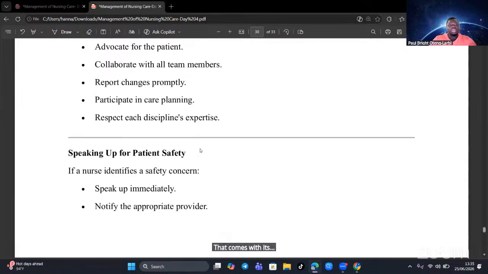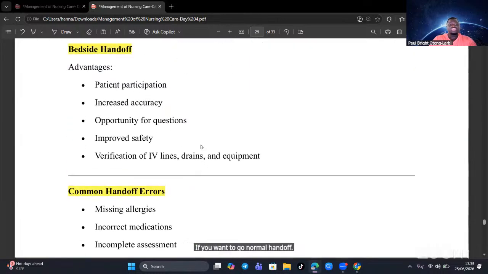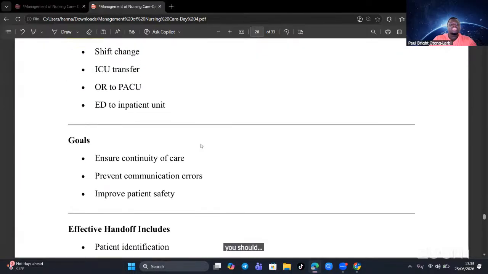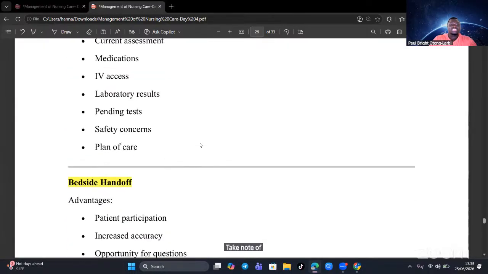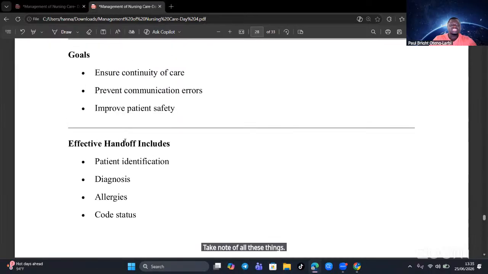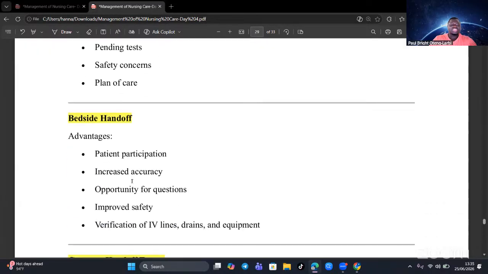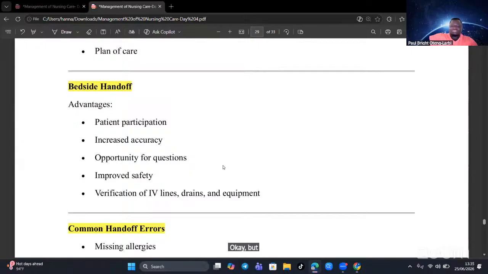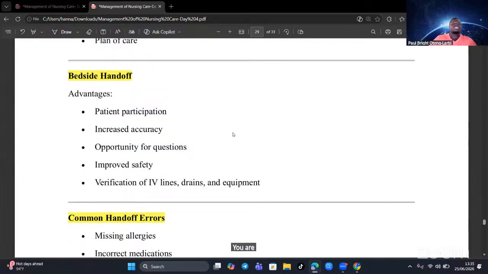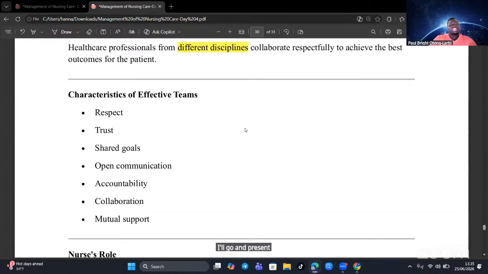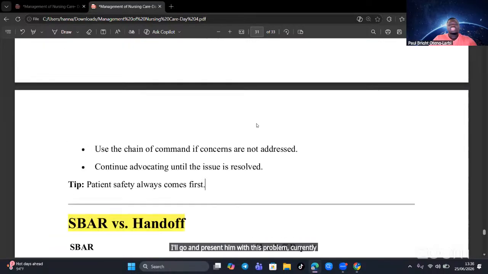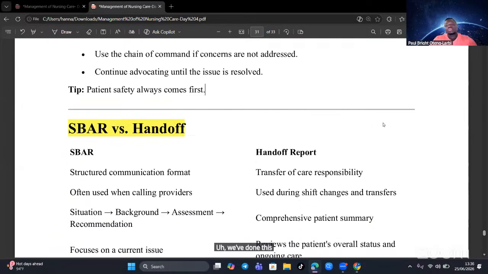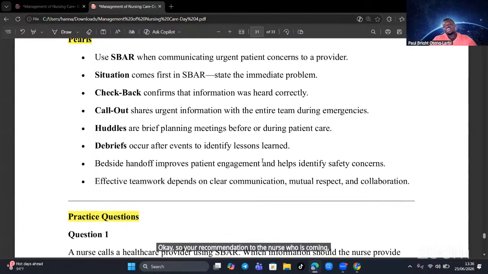If you want to go normal handoff, you should take note of all these things. But SBAR is quick and sharp, you are done. You are gone. Patient came with this problem. Currently he's having this. We've done this and that for him. So your recommendation to the nurse who is coming, and we go. And these are the pearls.